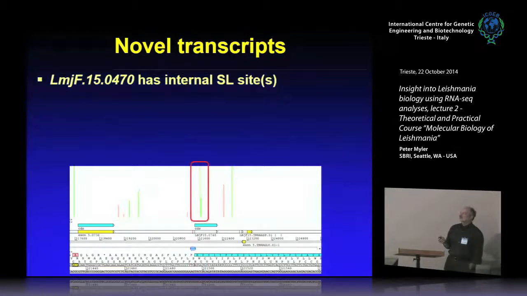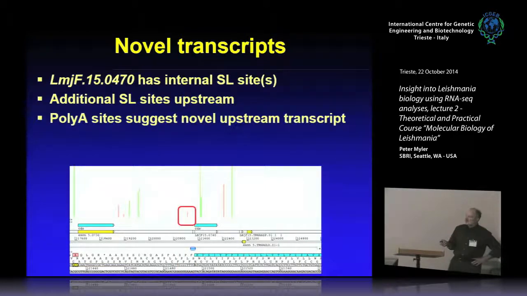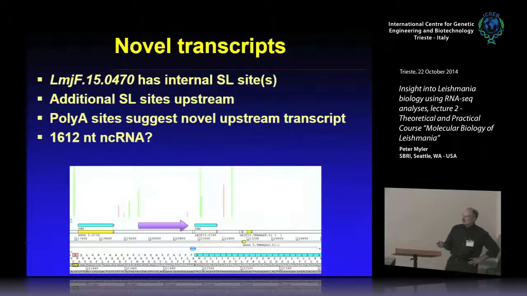The other thing that we found was novel transcripts. So here's an example of a gene that incidentally has an internal CDS, so it was called incorrectly. But immediately upstream of that, we see a whole bunch of splice leader reads here and a polyA site here. And so what we find is that there's likely to be a transcript that goes from this splice site to that polyA site that doesn't have any gene associated with it.